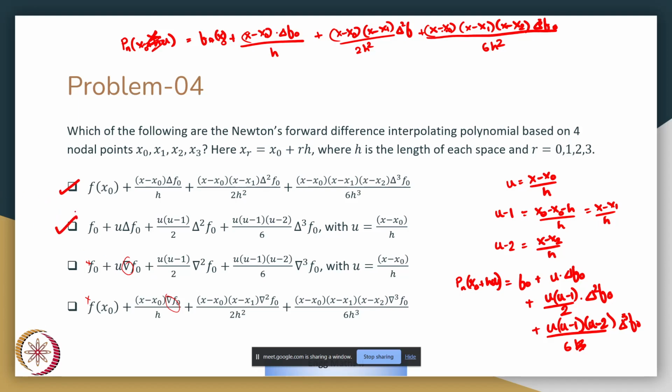This is essentially option number B. So that settles this particular problem.